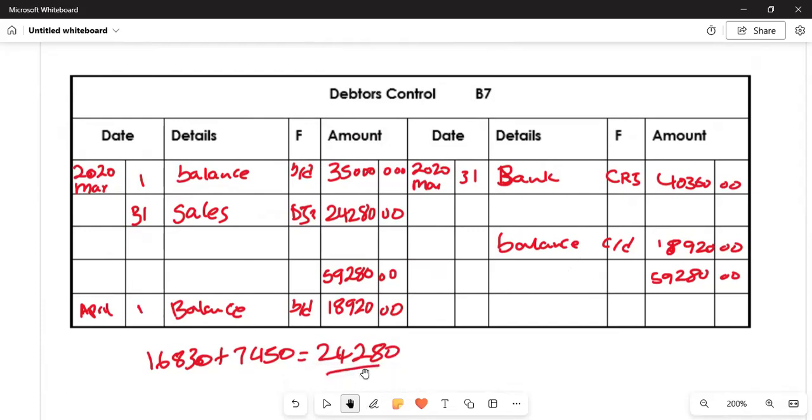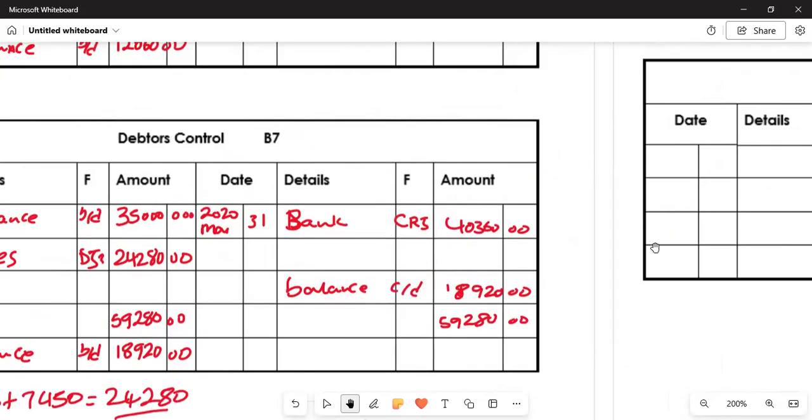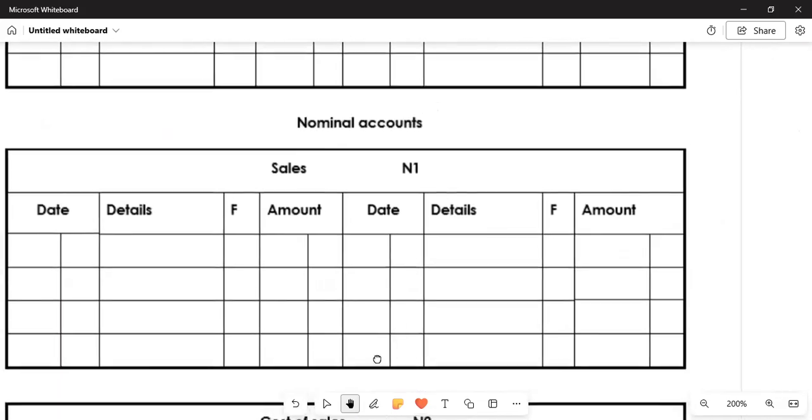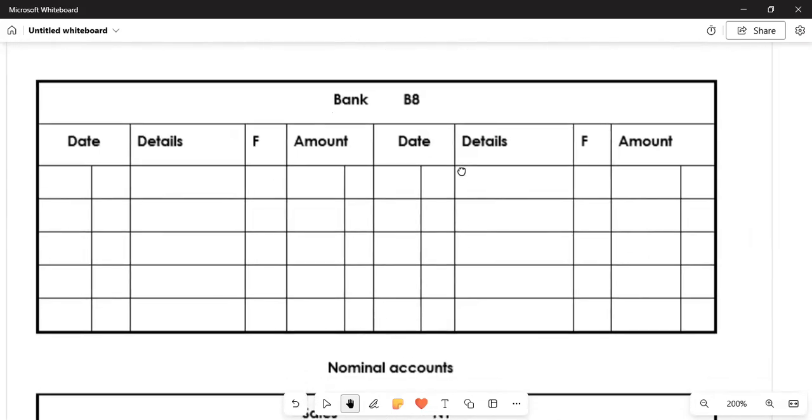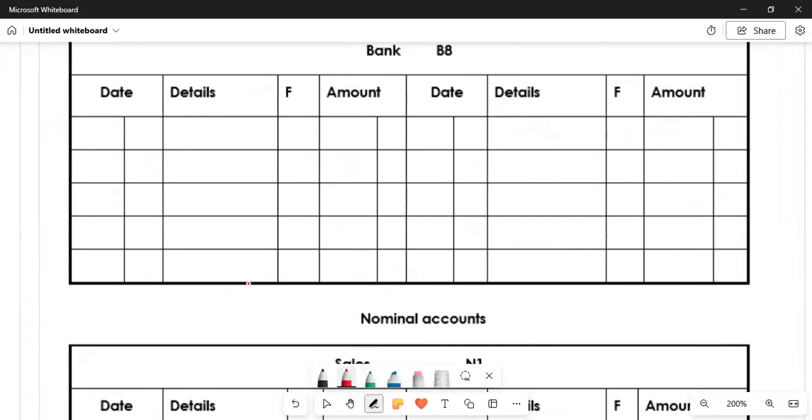So now we are to move on to the bank. So here we are under the bank.